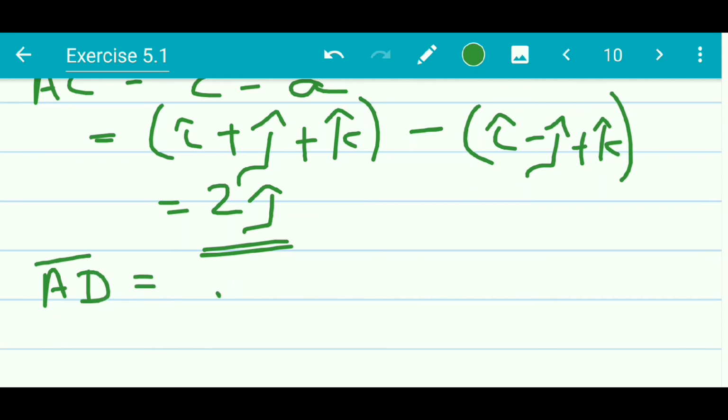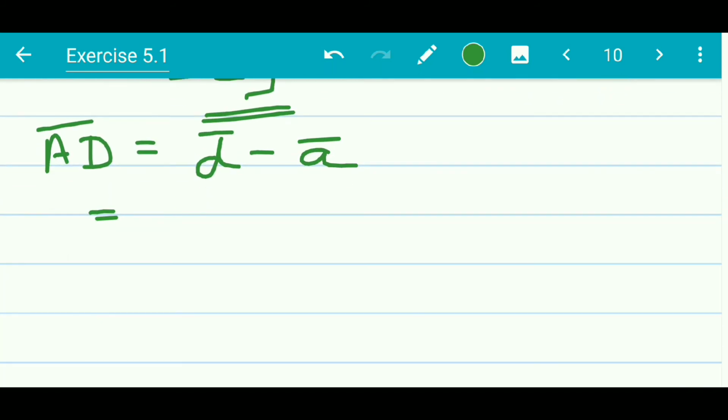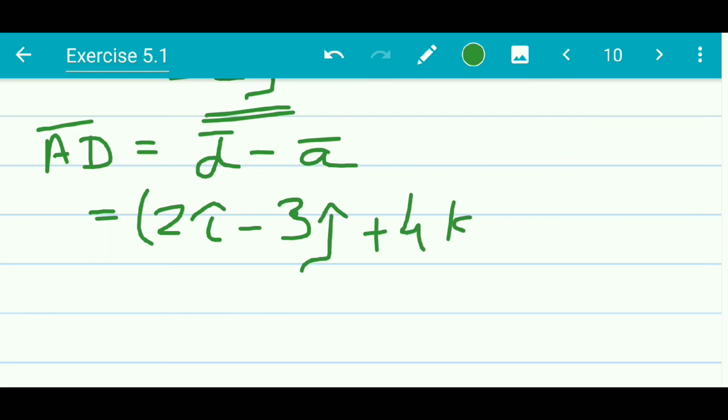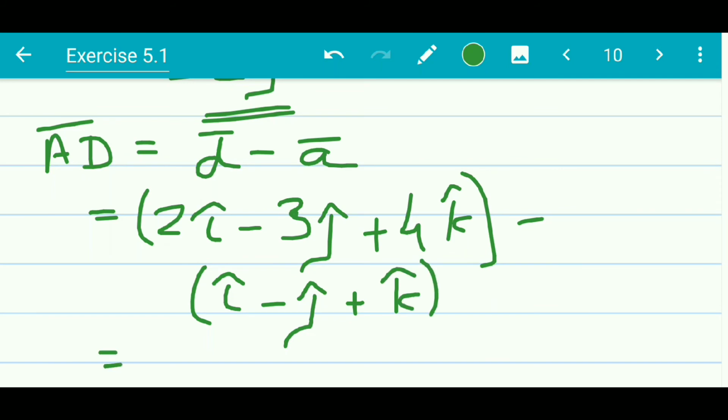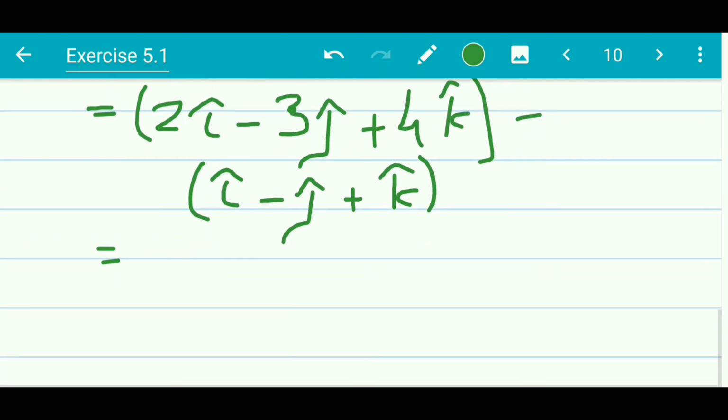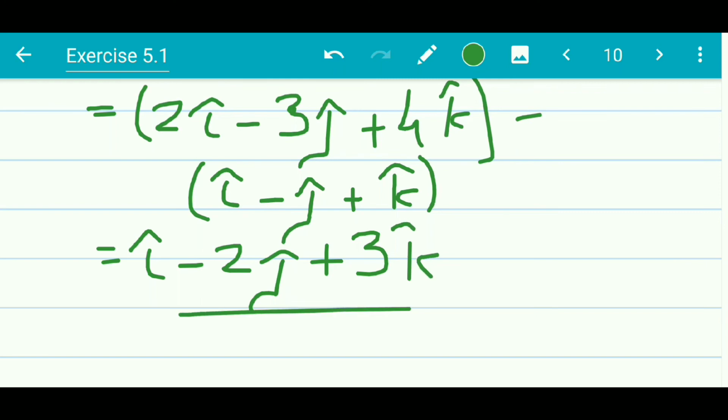Vector AD becomes D minus A. And we solve it in the same way, which comes out as 2i minus i, which is i, minus 3j plus j, that is minus 2j, and also 4k minus k, that is plus 3k. So this comes out as AD.